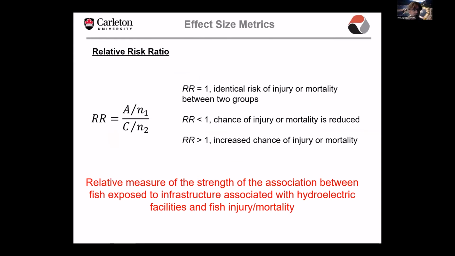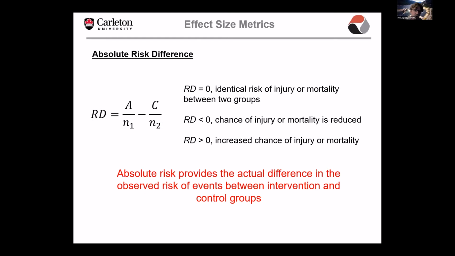For our effect size metric, we used the relative risk ratio, which provides a measure of the strength of the association between fish exposed to infrastructure associated with hydropower facilities and fish injury and mortality. We also provided the absolute risk difference, which is fairly useful to fisheries managers. This is a measure that provides the actual difference in the observed risk of events between an intervention and a control group.